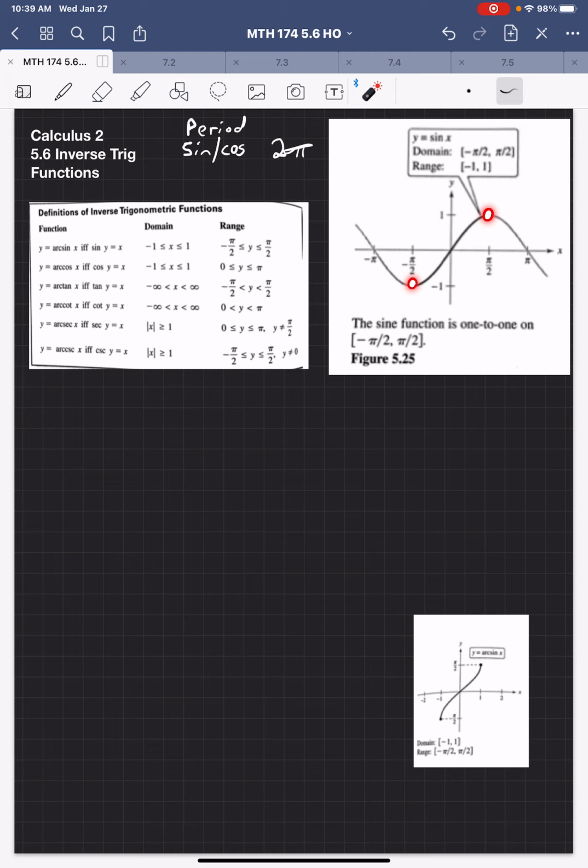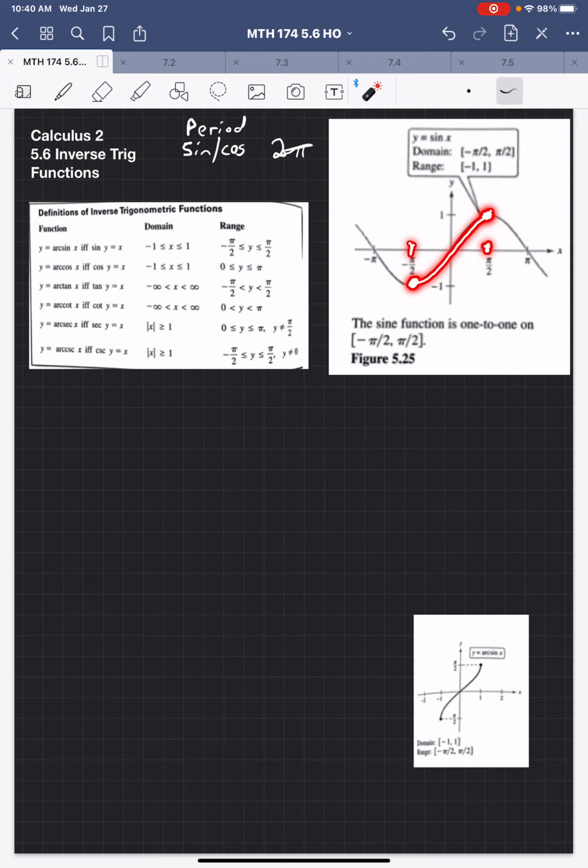And you can clearly see that the reasoning is because it extends the full range of the sine curve. We know that the sine curve proceeds from -1 all the way to +1. But this is completely arbitrary, like many things are in mathematics. But we have decided to make a cut at negative pi over 2 and pi over 2.